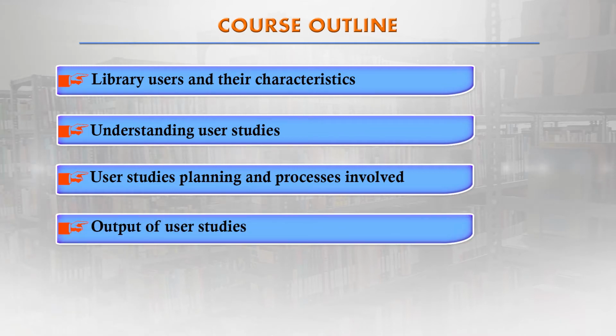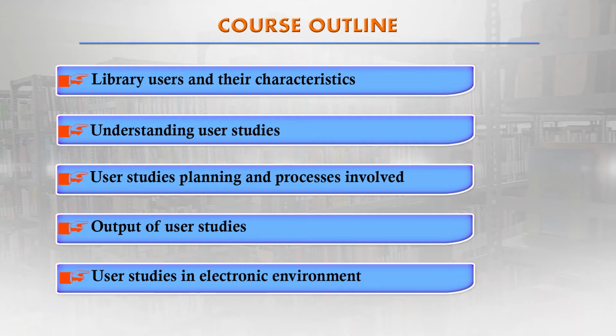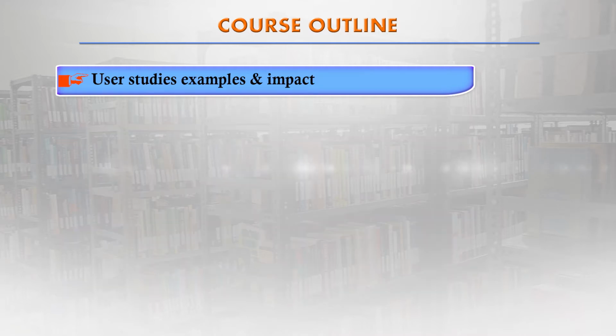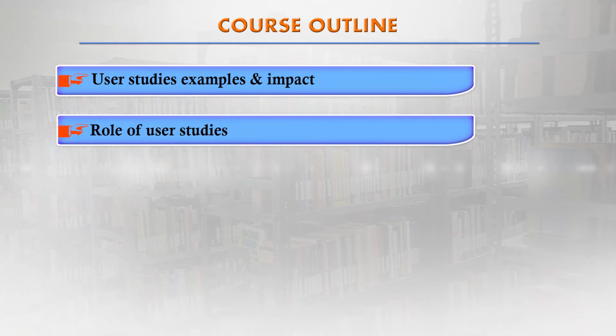Then what are the natural outputs of these user studies and how they are used, and what kind of user studies are available in the electronic environment. We will see some examples and the impact of user studies, and then what role a user study plays in overall library development. So this is how we will frame today's presentation.